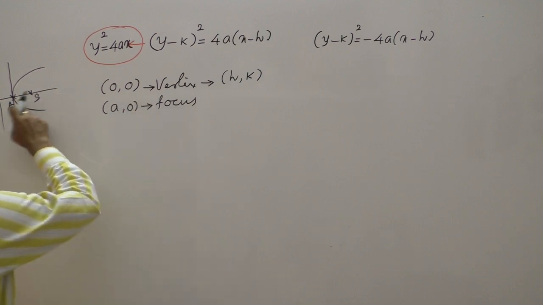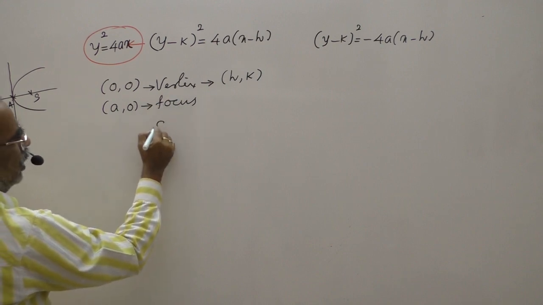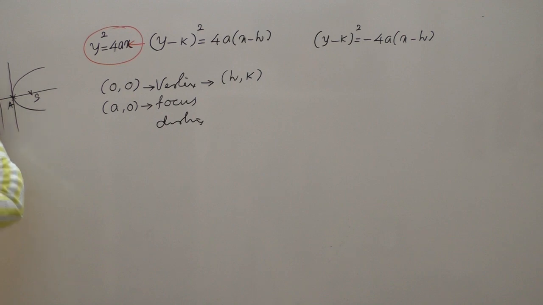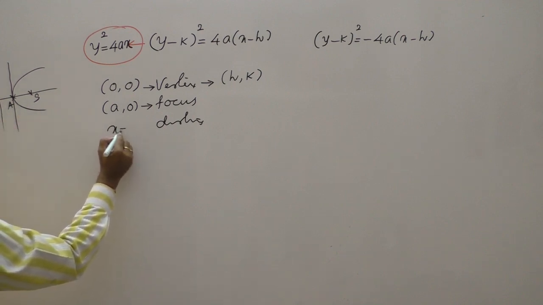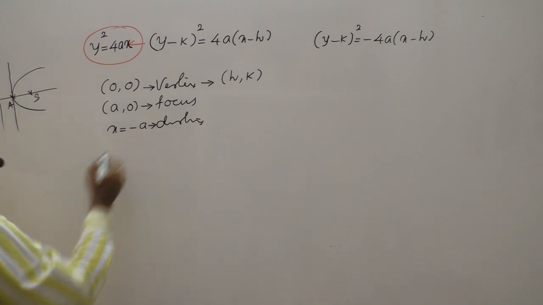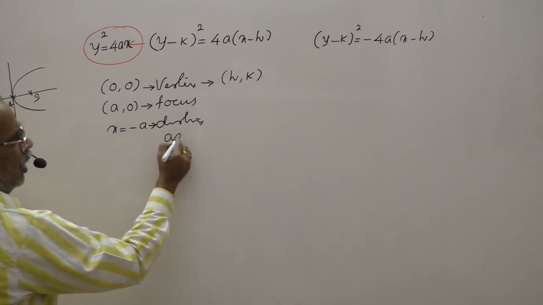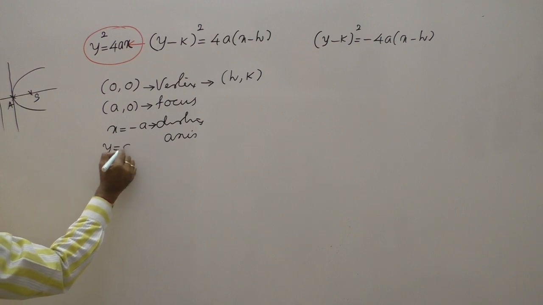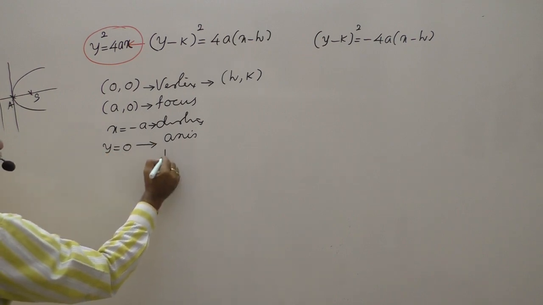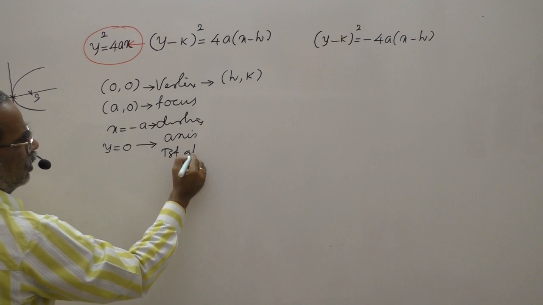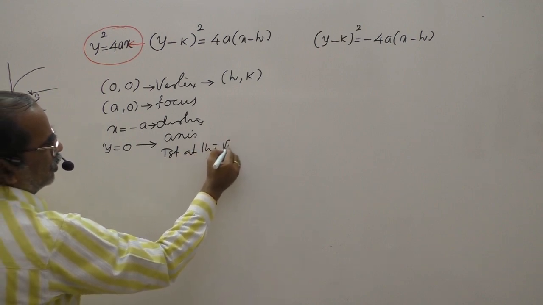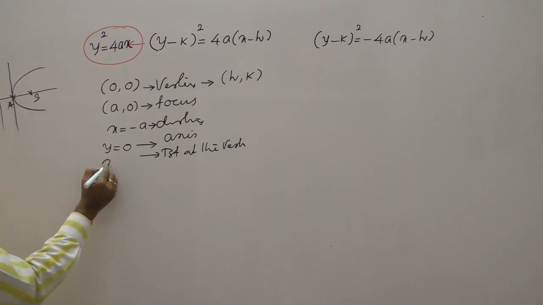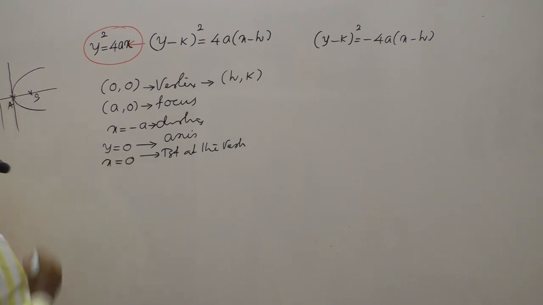Next, after vertex and focus, the directrix. What is its directrix? This line is the directrix, x equal to minus a. What about its axis? Its axis is the x-axis, y equal to 0. What about the tangent at the vertex? The tangent at the vertex is the y-axis, whose equation is x equal to 0.